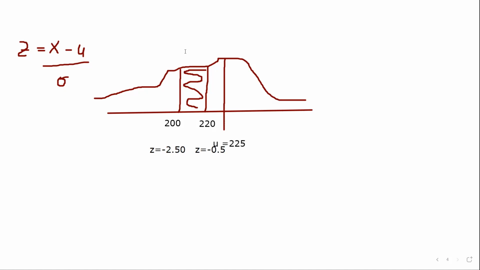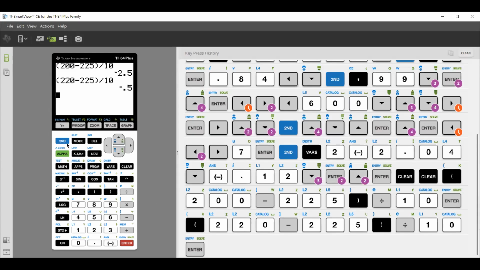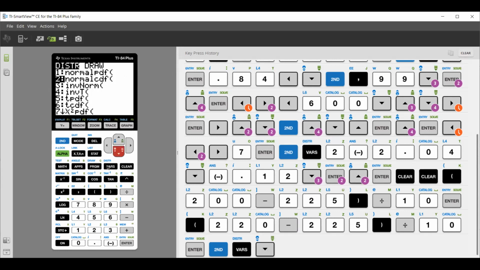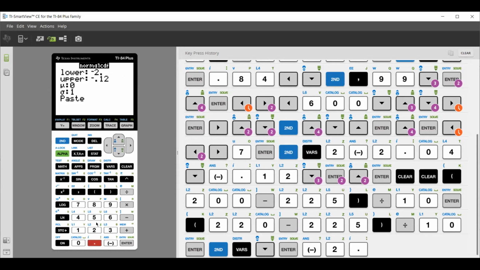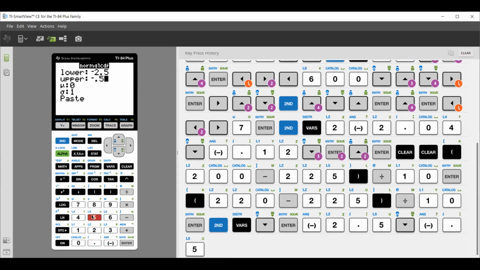Now, I'm going to go to the calculator and get my normal CDF. So here, I've got second distribution, normal CDF from negative 2.5 to negative 0.5, 0 and 1, I paste it.